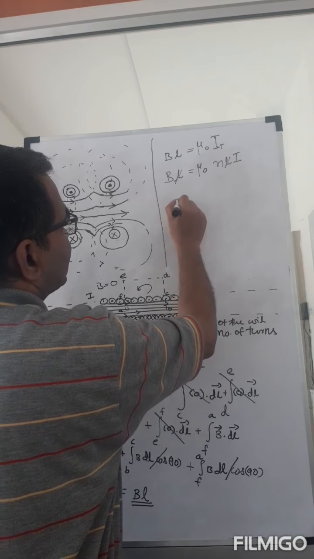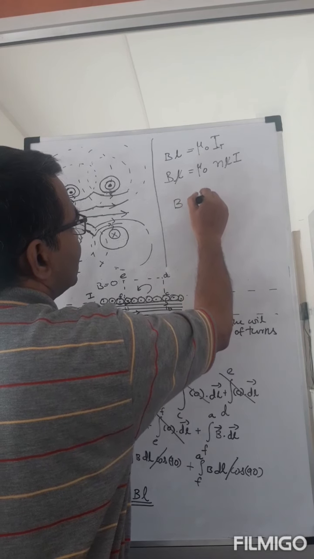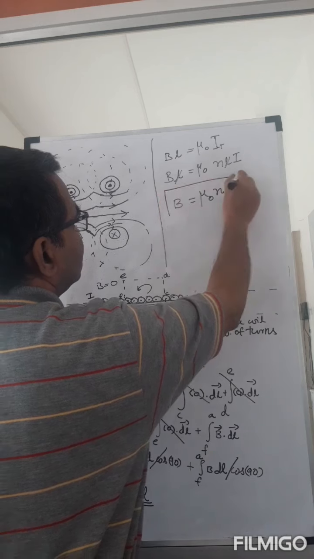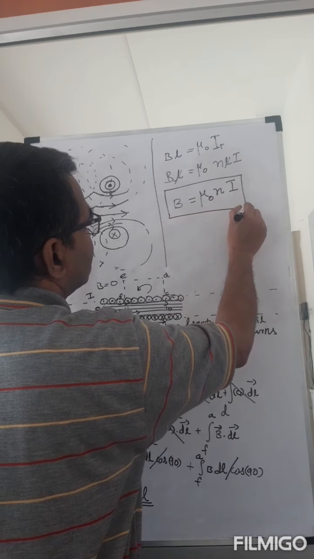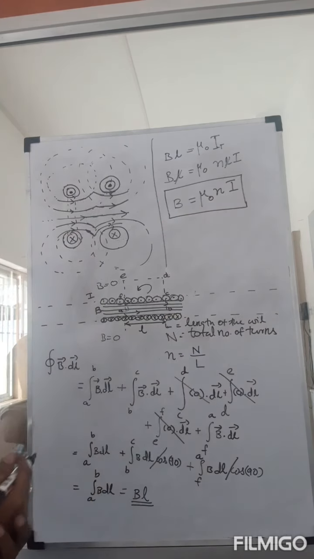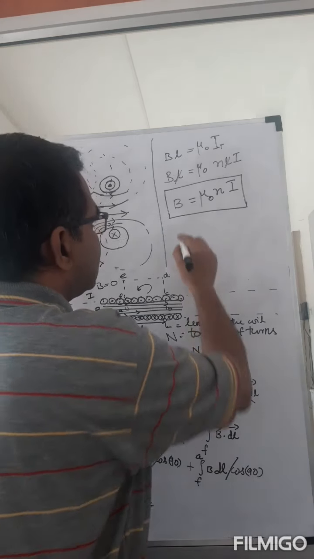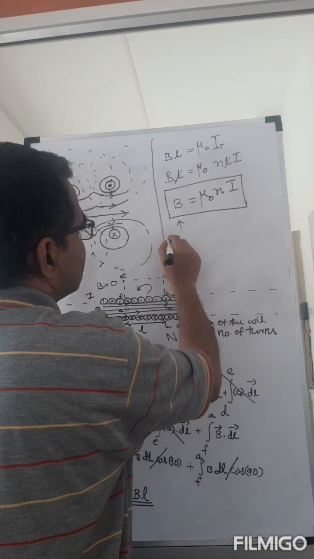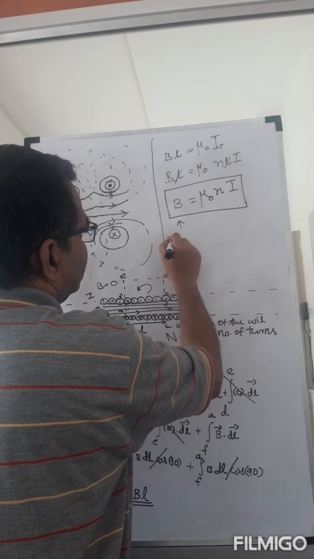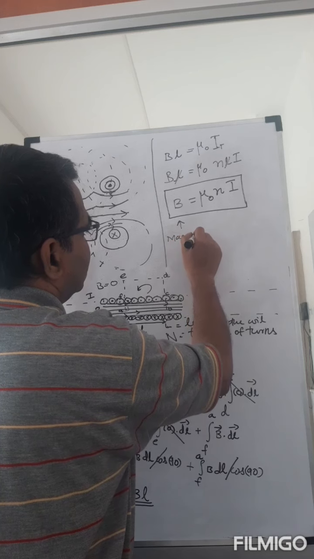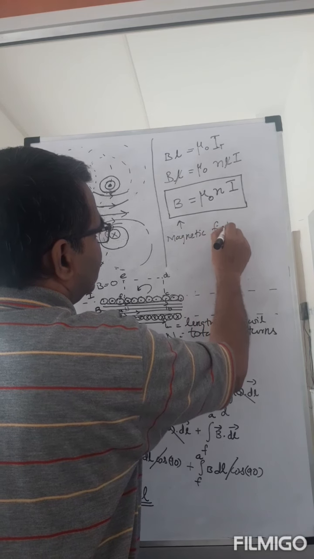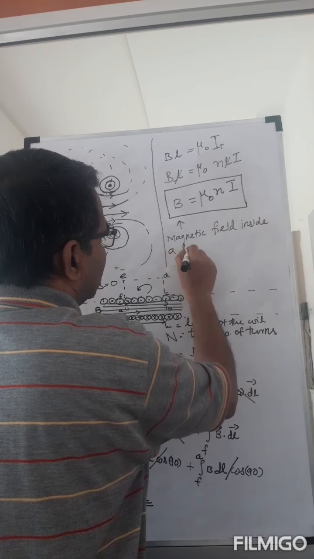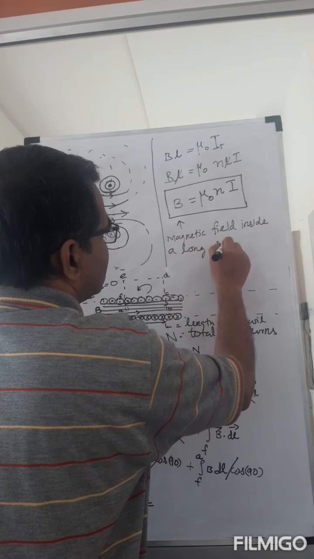So I am left with B is equal to mu naught N I. Okay? So this is the magnetic field inside a solenoid. This is B inside, inside a long solenoid.